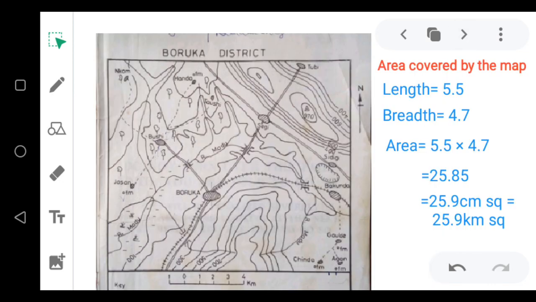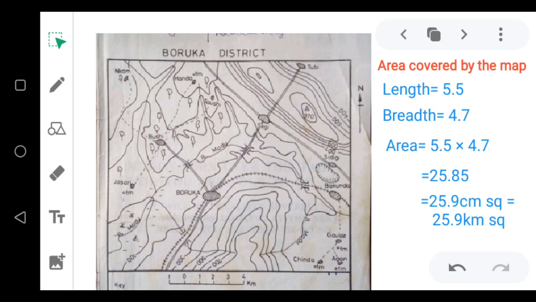Now, they can ask you to calculate the area covered by the entire map. This is very, very simple. All you need to do is to get the measurements of the length and the breadth. The length here is 5.5, while the breadth is 4.7 centimeters. So area is length times breadth.